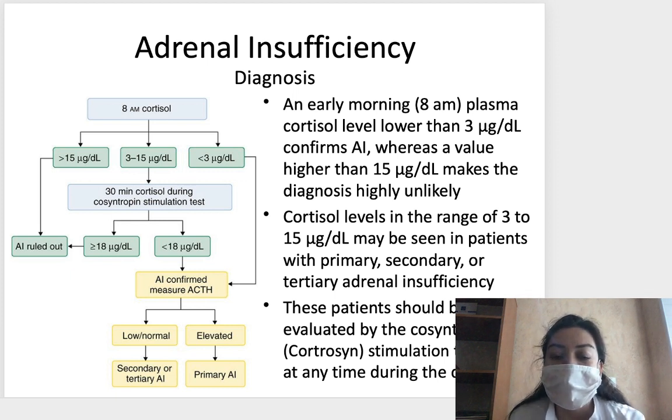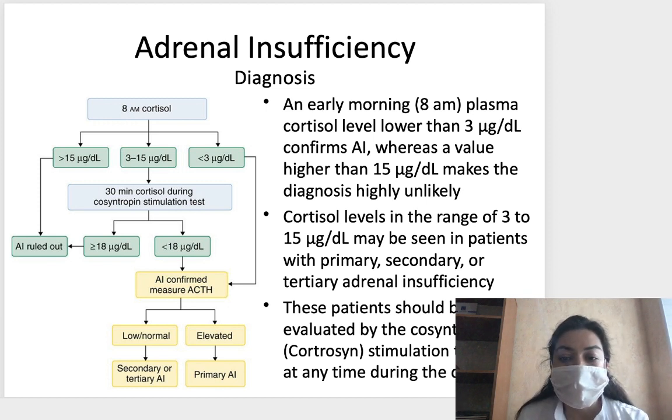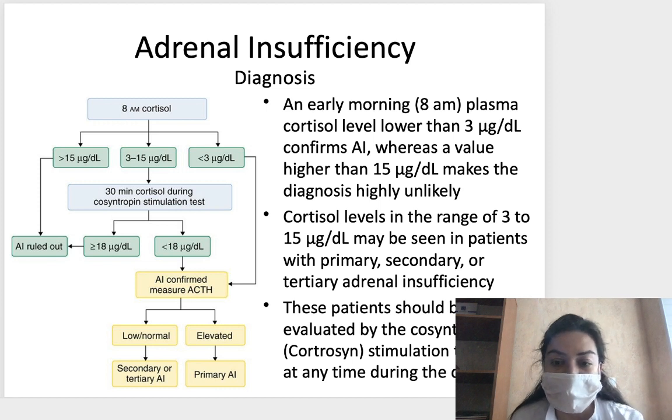Cortisol levels in the range of 3 to 15 may be seen in patients with primary, secondary, or tertiary adrenal insufficiency. The patient should then be evaluated by a cosyntropin stimulation test at any time during the disease. Here you see an algorithm for confirming the presence of adrenal insufficiency.